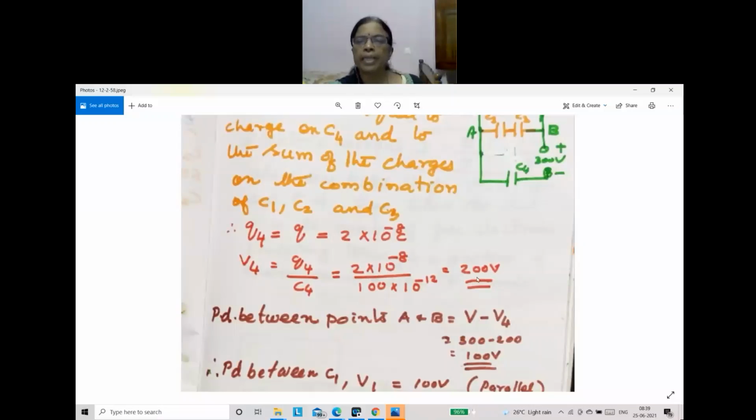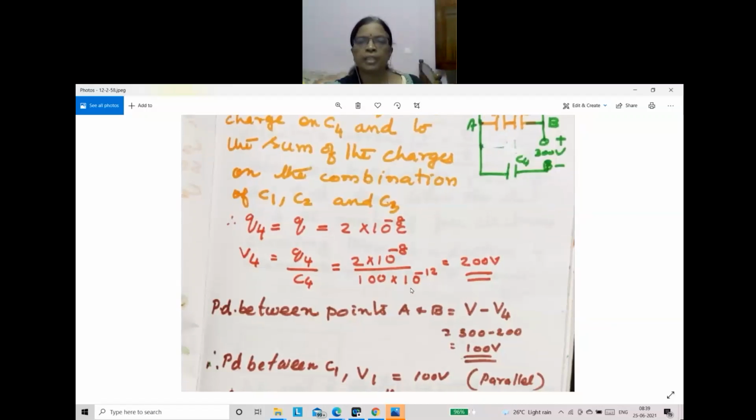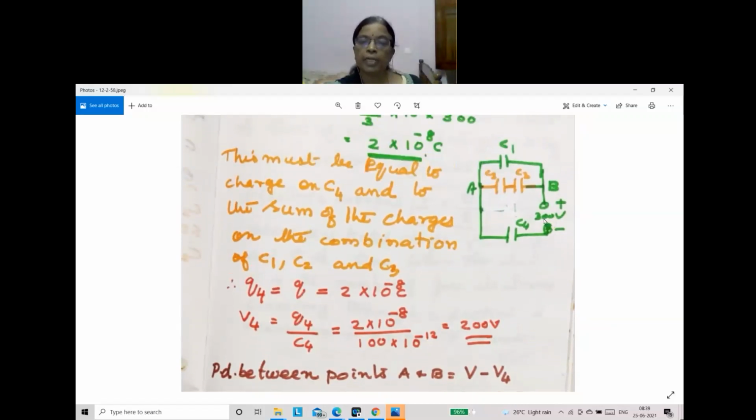We have to find the charge and potential across each capacitor. Next step, the potential difference between A and B. The total potential difference applied is 300, and from that 200 appears across this capacitor C4.